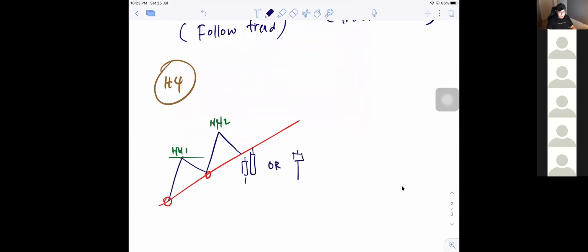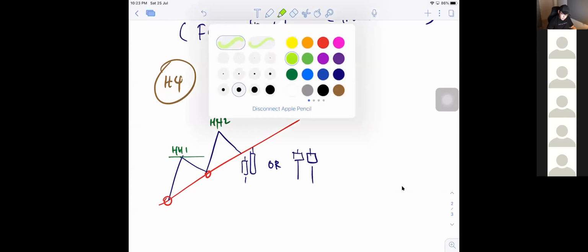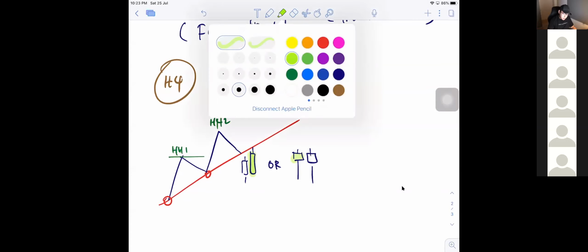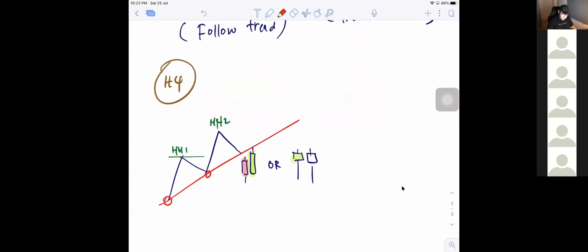It can be a pin bar, just a pin bar will do. The pin bar can be either a bullish or a bearish pin bar. It can be either way. You can either look for an engulfing candlestick pattern or a pin bar pattern. So this is only when you trade with a single time frame.